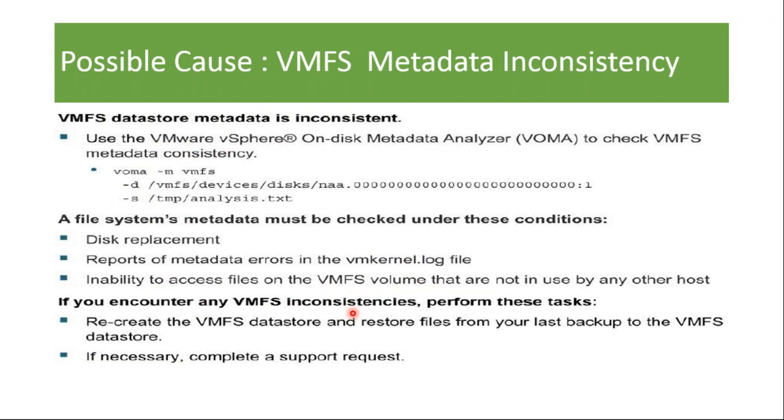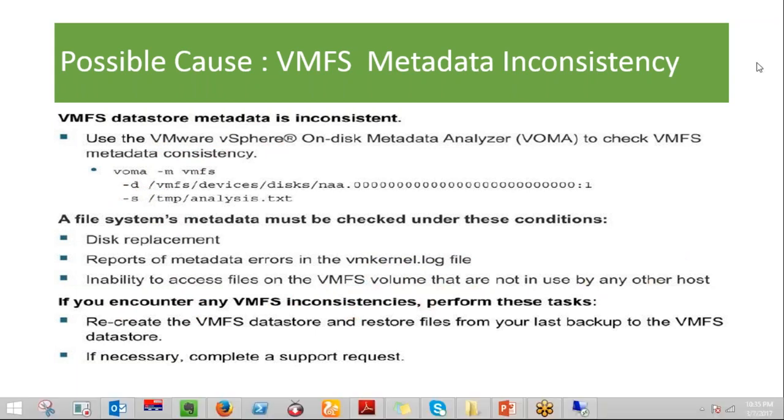Inability to access files on the VMFS volume that are not used by any other host. In the sense, one of the virtual machines was not able to access a particular VMDK file, or any specific VMFS volume your ESXi host is unable to access.